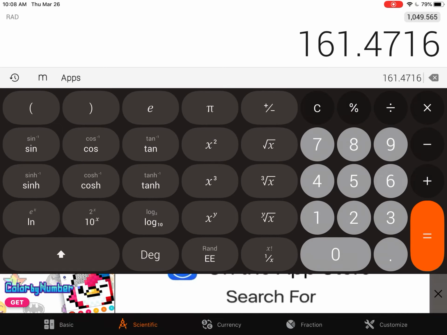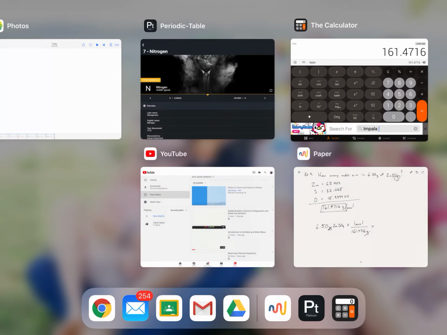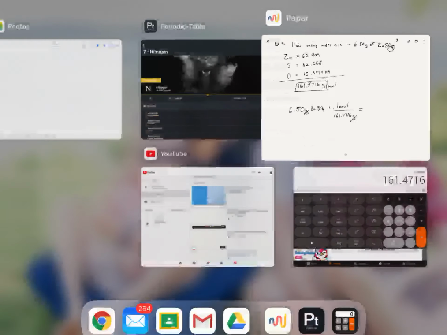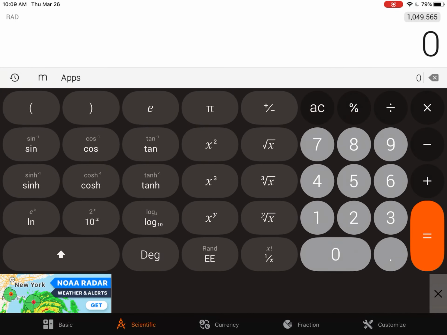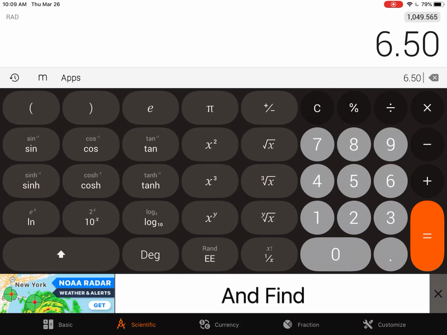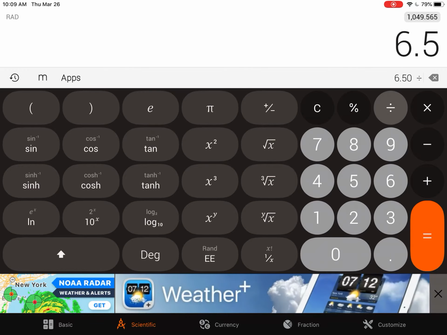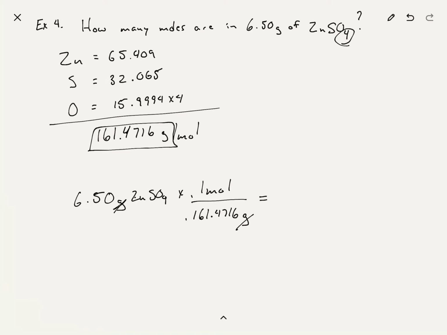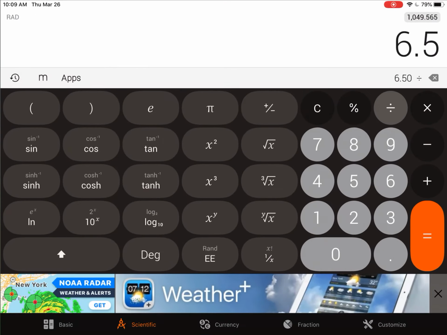We are going to take our 161.4716, and we are going to divide, because, well, that's what this says. It says multiply by 1 and divide. And we need to take our 6.5. I'm all the way backwards. So we are going to take our 6.50 and we are going to divide by 161.4716.